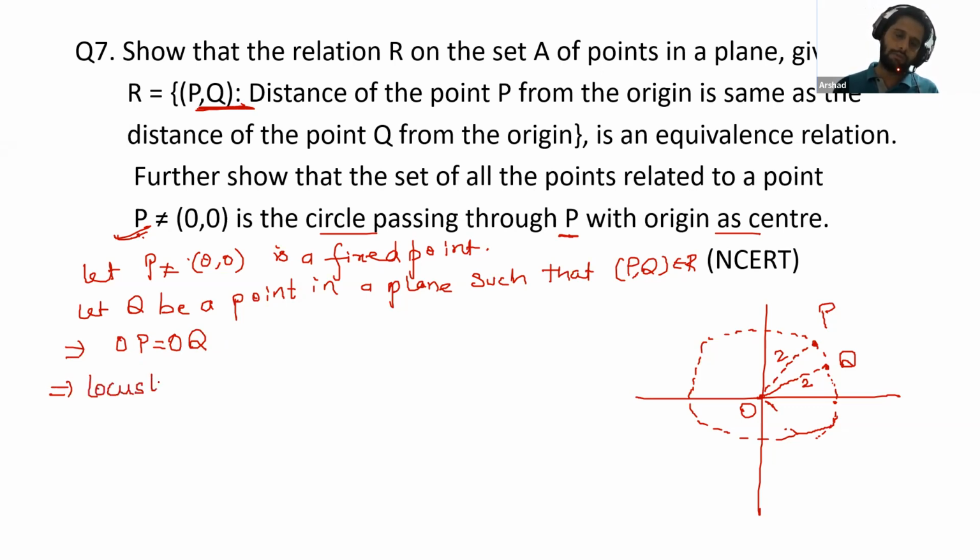locus, or we'll write a general definition.